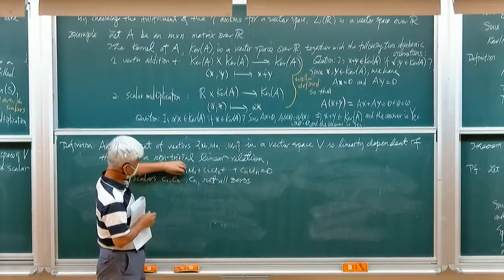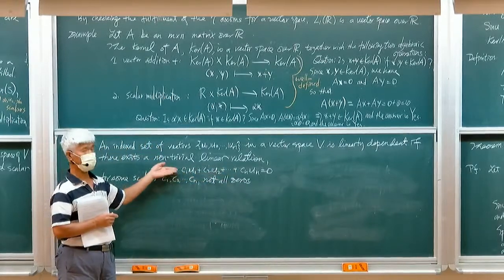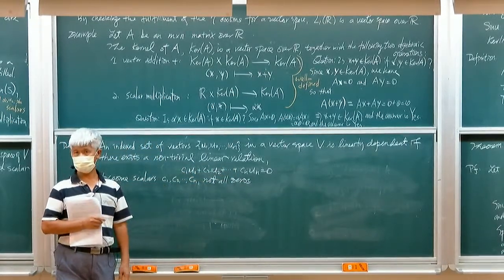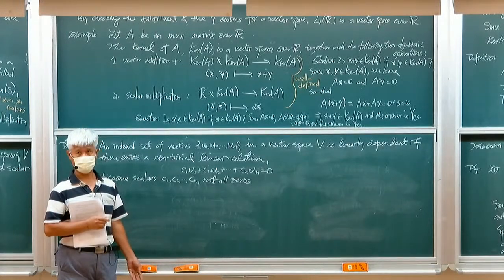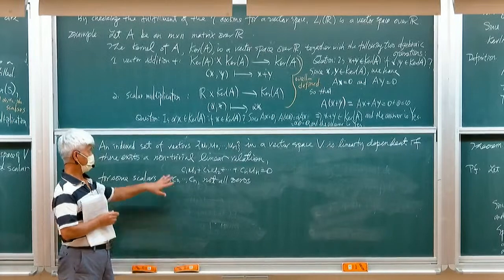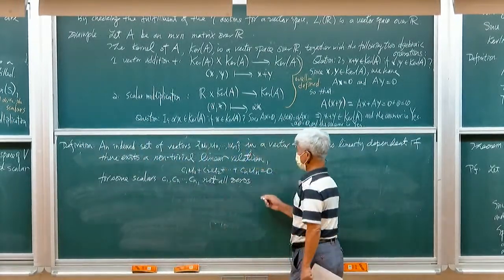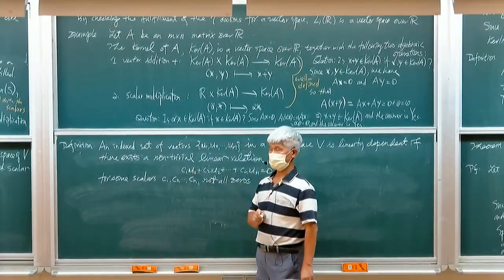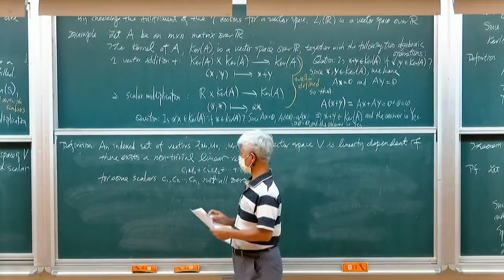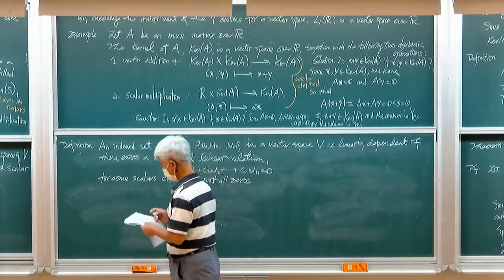Because if the coefficients are all zeros, then this equation is satisfied definitely, so that's nothing surprising. It's called trivial. But we call it non-trivial when we can find such a linear relation with coefficients not all zero. So this is about linear dependence.